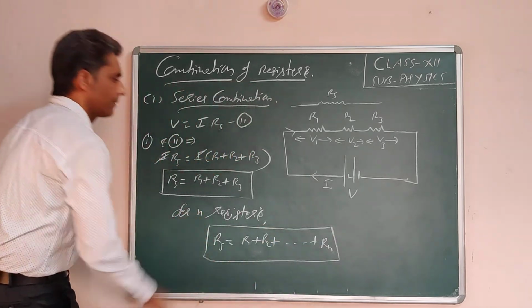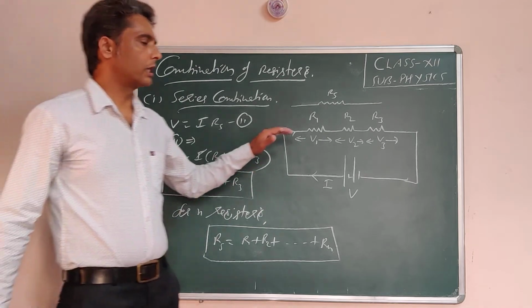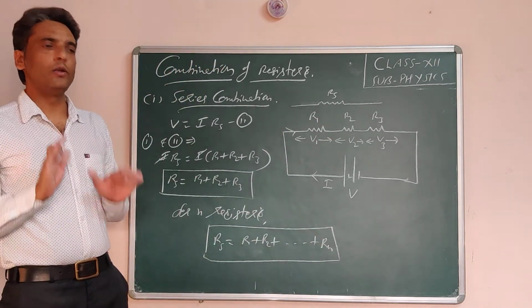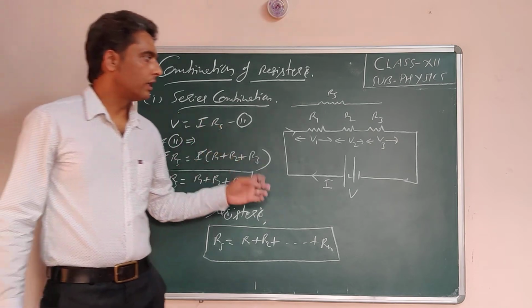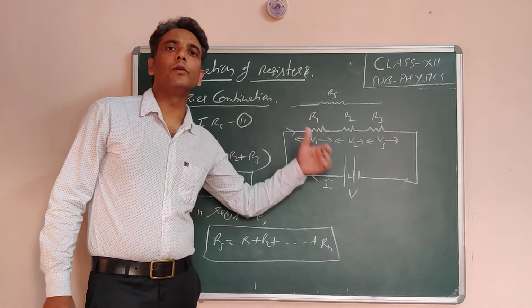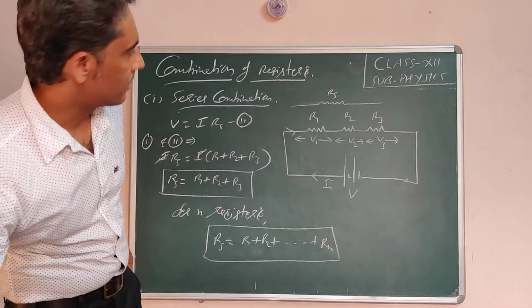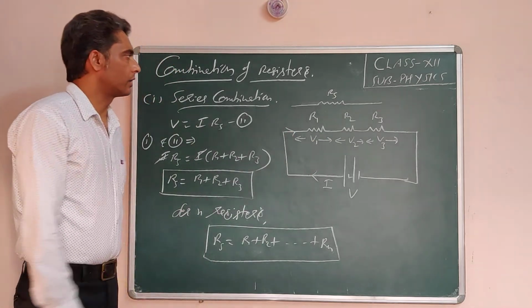So we can say that when resistors are connected in series, the equivalent resistance has a value which is greater than the largest value of the individual resistances. So this is about resistors when they are connected in series.